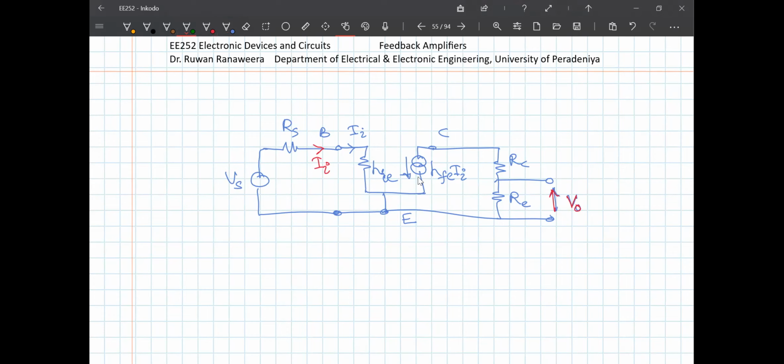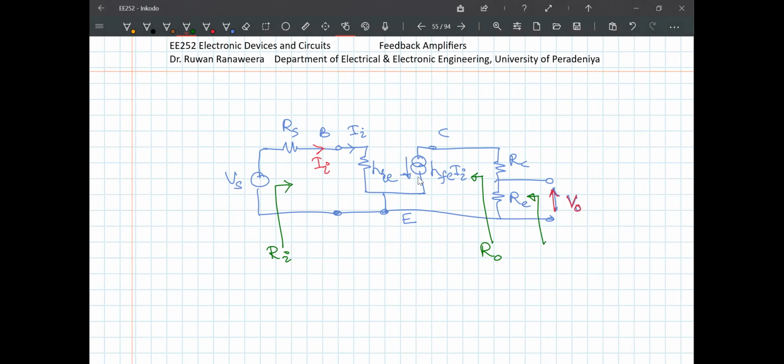Now if I want to look at the input impedance, where do I look from? I have to look from here, input impedance, Ri without feedback. R out without feedback has to be looked at from here. Now if you consider RE to be part of the circuit, then you have to look at it from here.